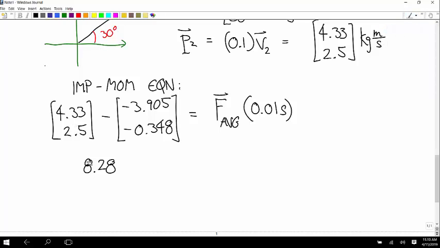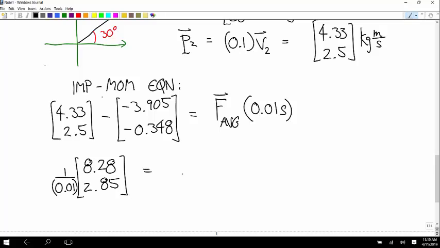And then the I component is 2.85. And then I'll multiply that by... nope, sorry, divide by 0.01 seconds. 0.1 is the mass, and 0.01 is the elapsed time.